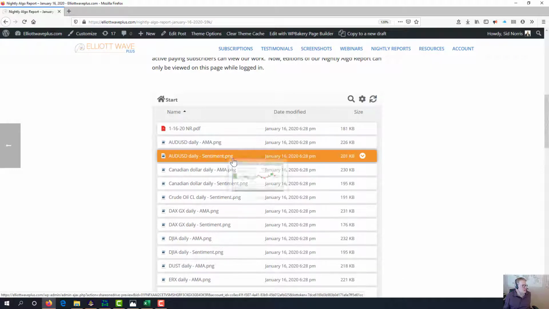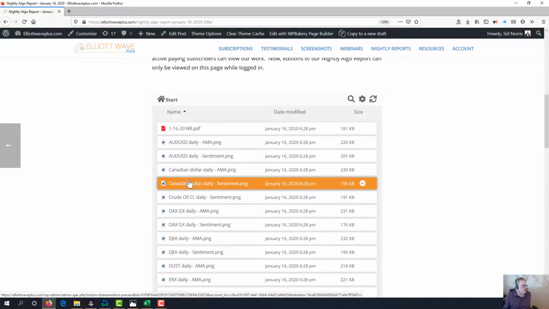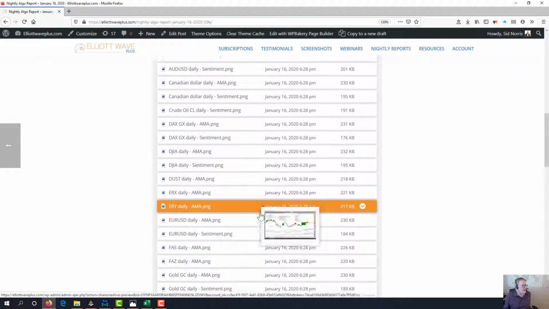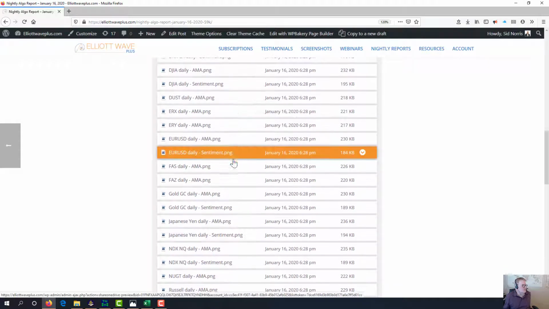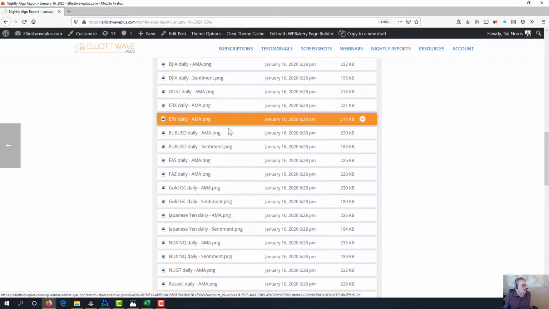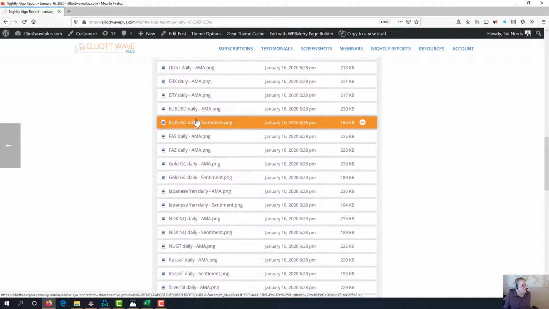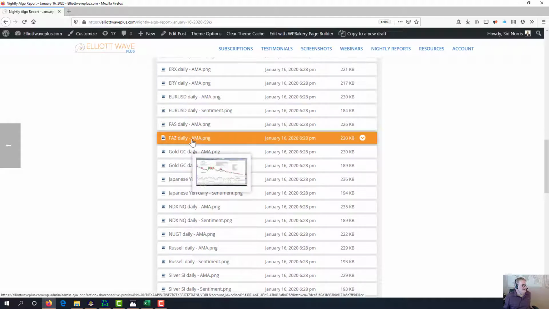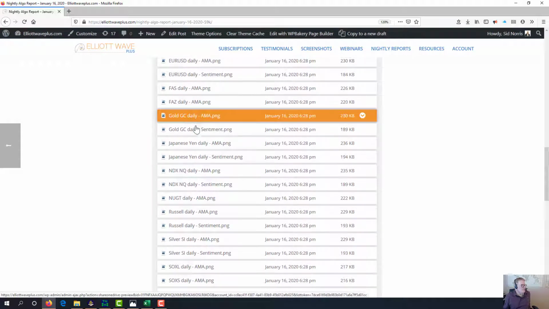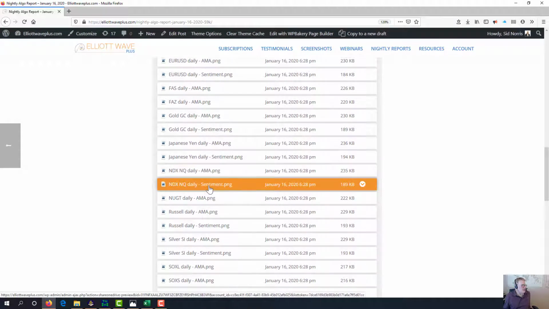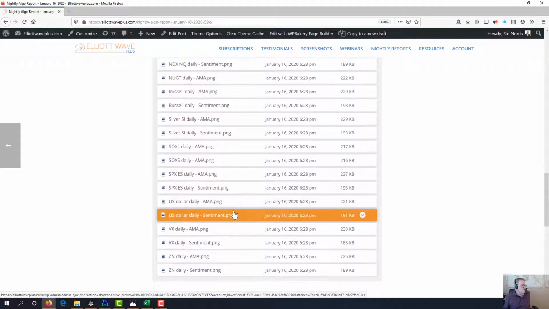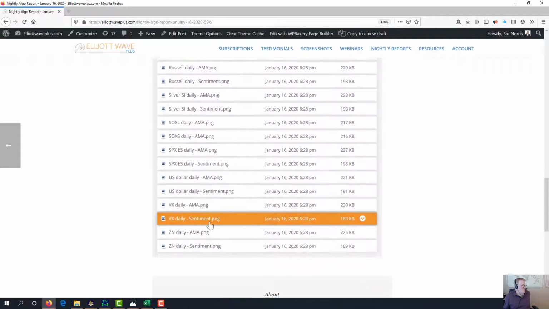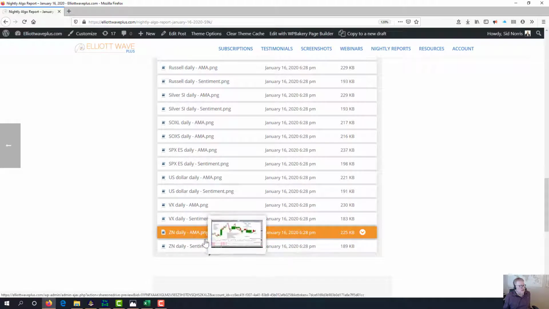So every item that is covered every night for premium plan subscribers shows where we are with the momentum signals and the sentiment on the Australian dollar, Canadian dollar, crude oil, the DAX, Dow Jones Industrial Average, with DUST and NUGT for gold miners, ERX and ERY for large cap oil companies, the euro, FAS and FAZ, 3 times bullish and 3 times bearish ETFs on financials, gold, Japanese yen, the Nasdaq, the Russell, silver, the Semiconductor Index, the S&P, US dollar, the VIX, and 10-year Treasury bonds.